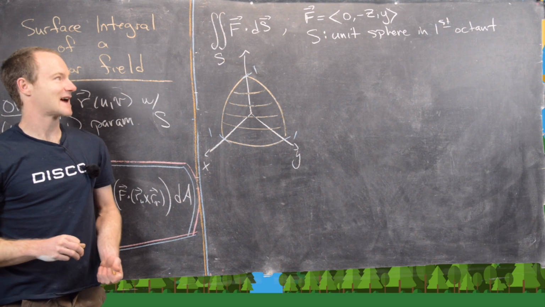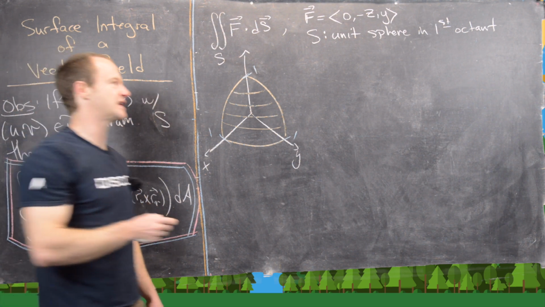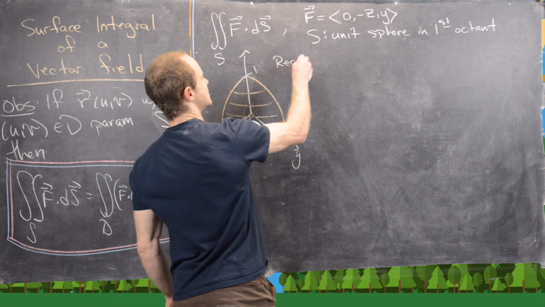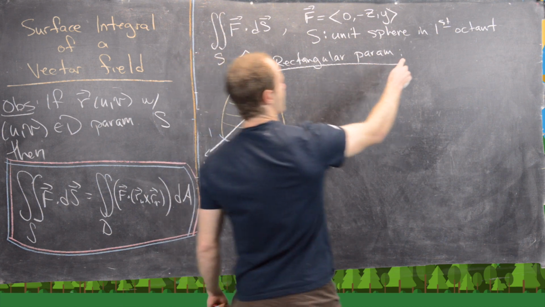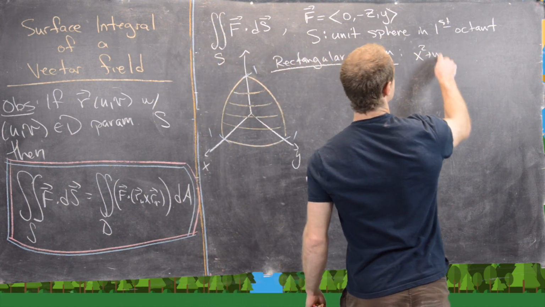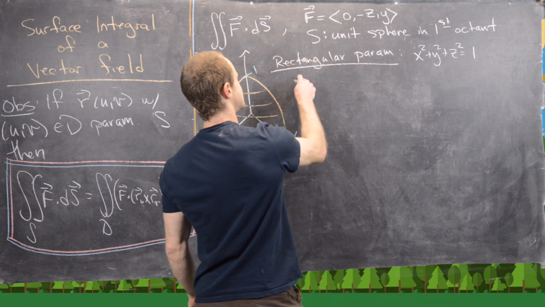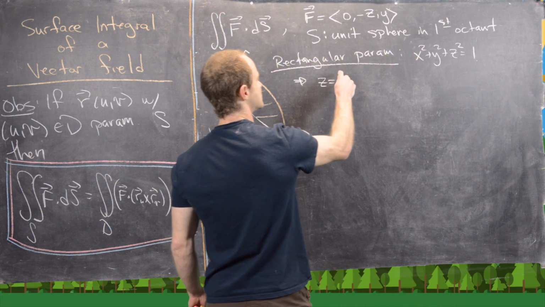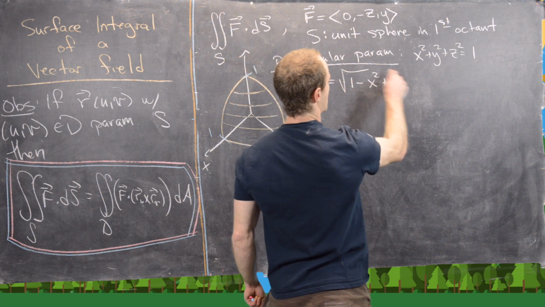As I see it, there are two standard parameterizations that we could take. We could take a rectangular parameterization, and that would look like this. The sphere is the equation x squared plus y squared plus z squared equals 1, which tells us that we can take z equal to the square root of 1 minus x squared minus y squared.